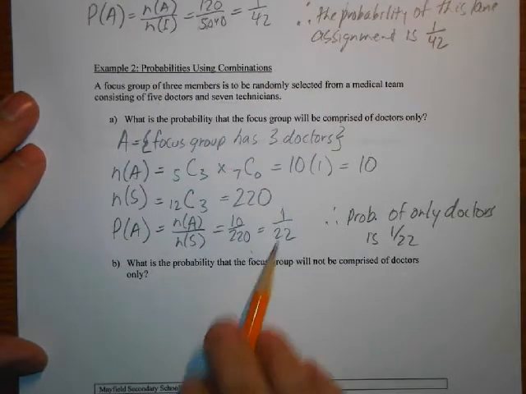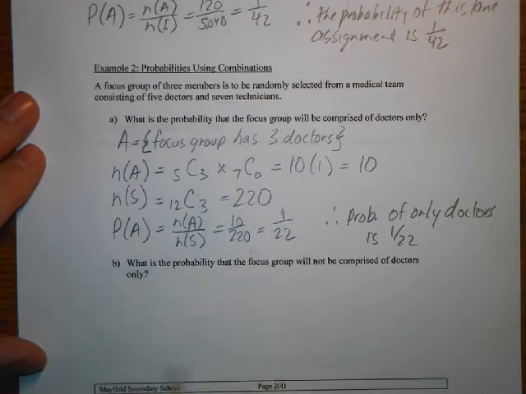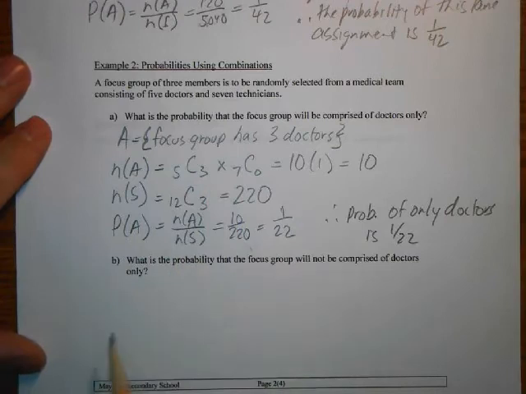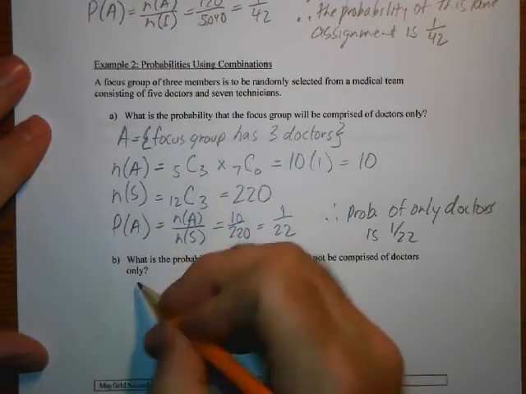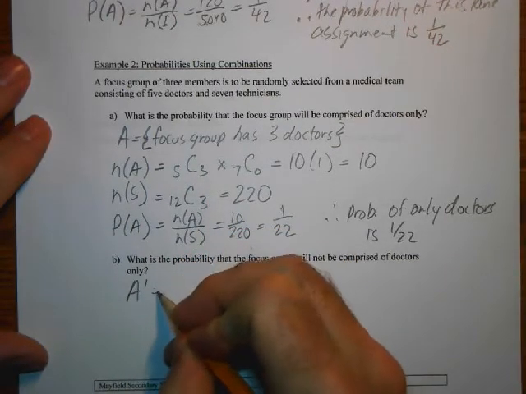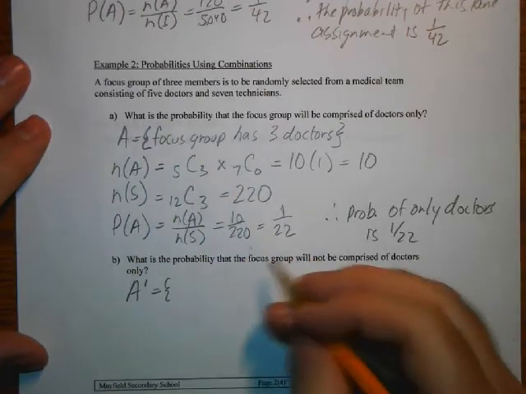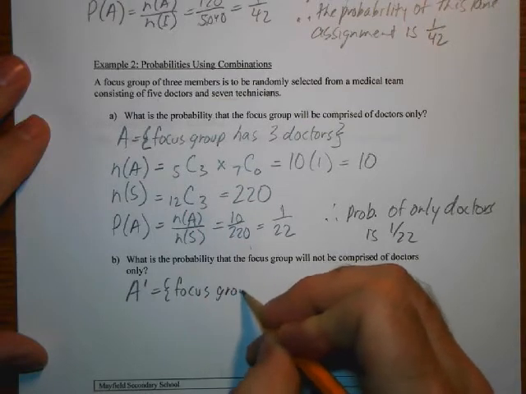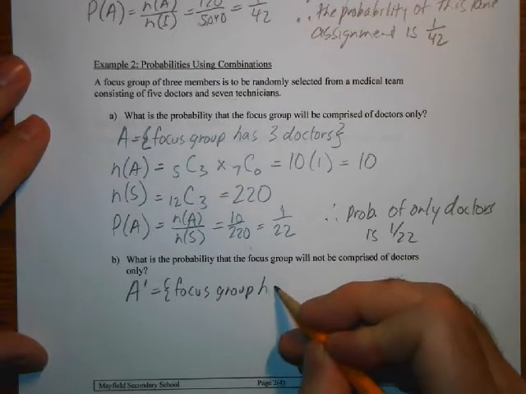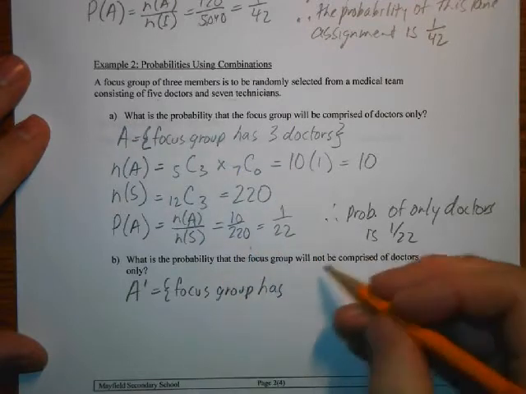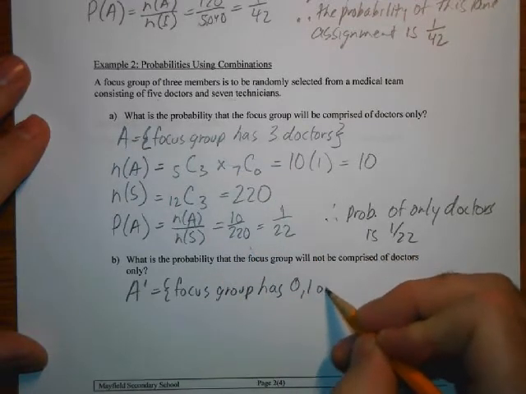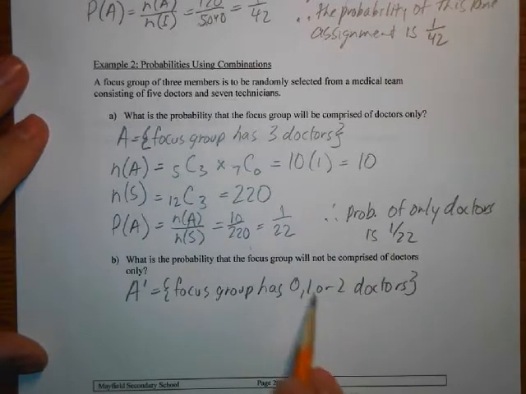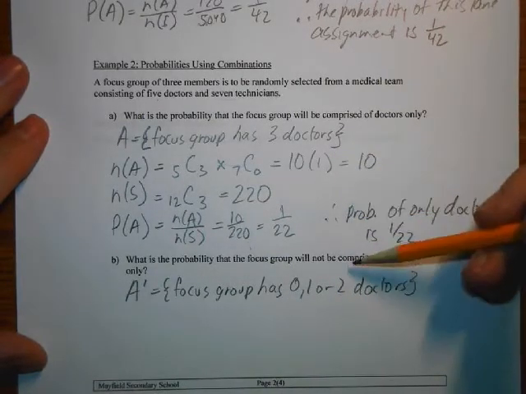So you could go through this again as if you didn't relate what you just did, or you could say, I'm going to define my complement group for A, where it says focus group, well, it doesn't have 3 doctors, it's going to have 0, 1, or 2 doctors. So that's a complement of A.